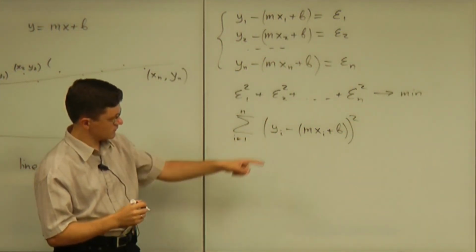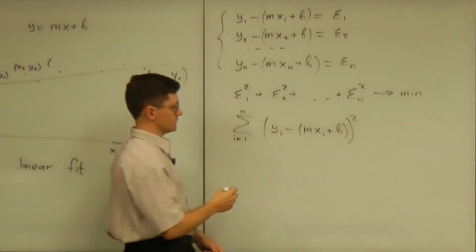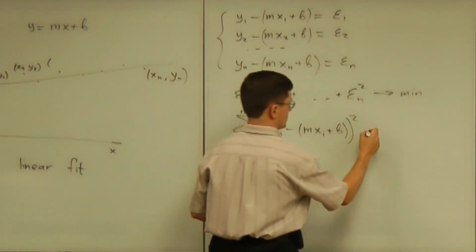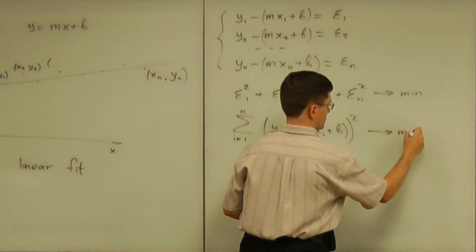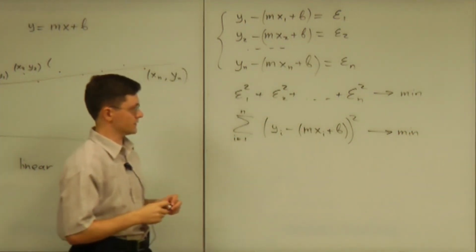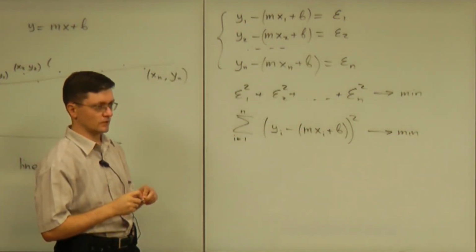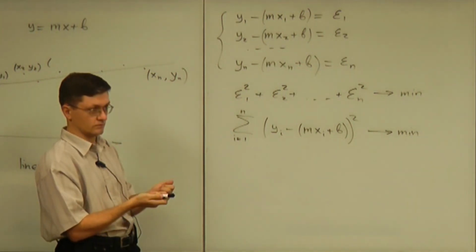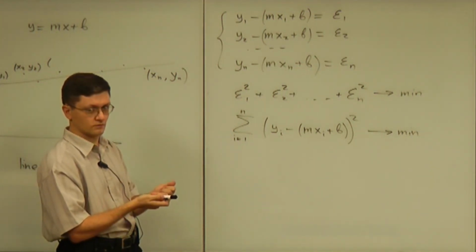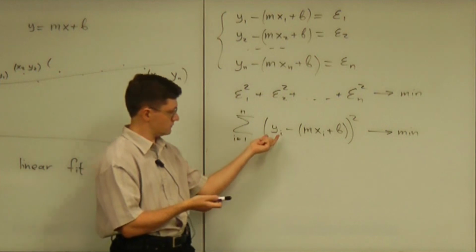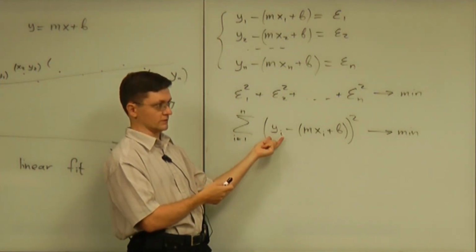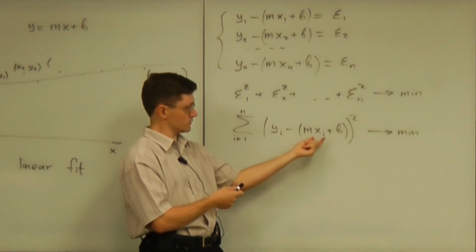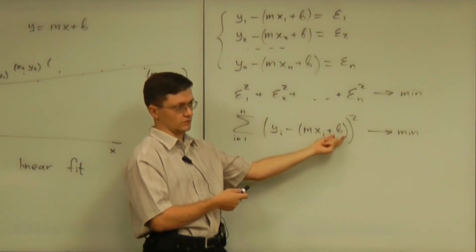So we look at the sum of those squares, and we want to minimize that sum. Well, minimize using what? The yi's are constants given, right? The xi's are given constants, so you minimize using m and b only.